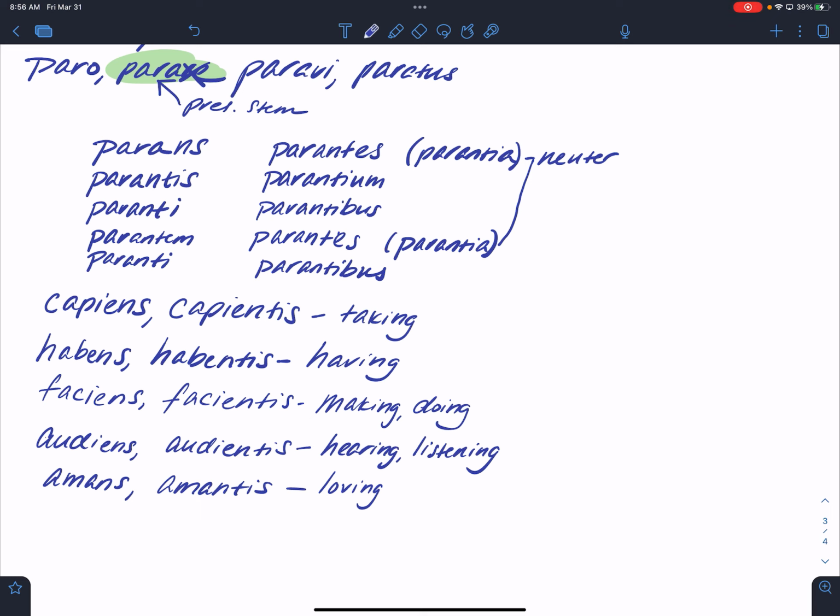Okay. So now we're gonna do the same process for the PPP, the perfect passive participle.